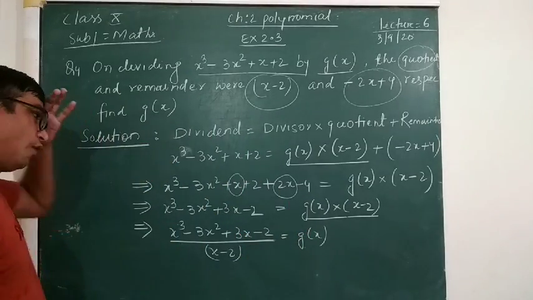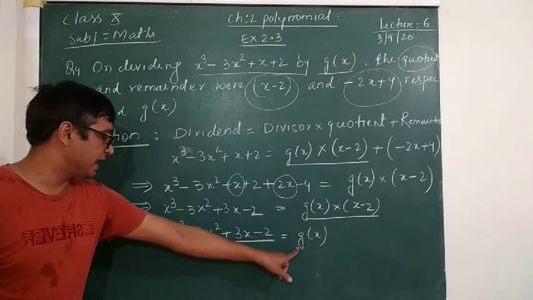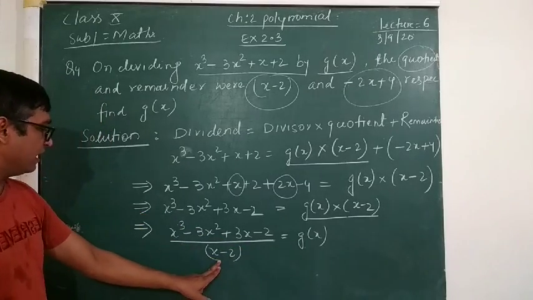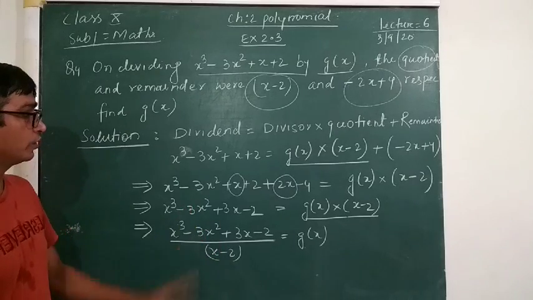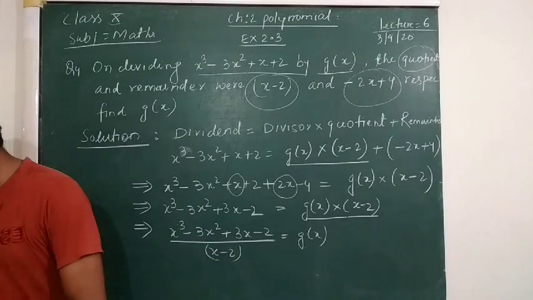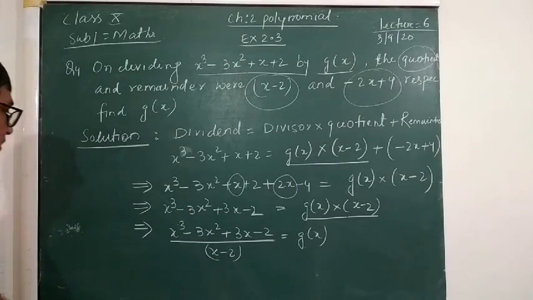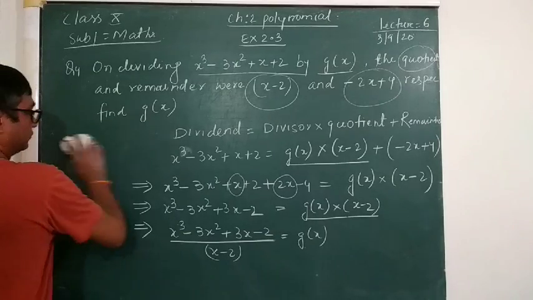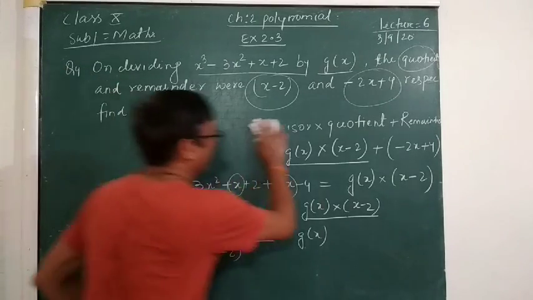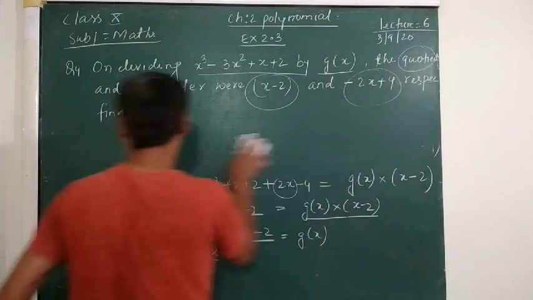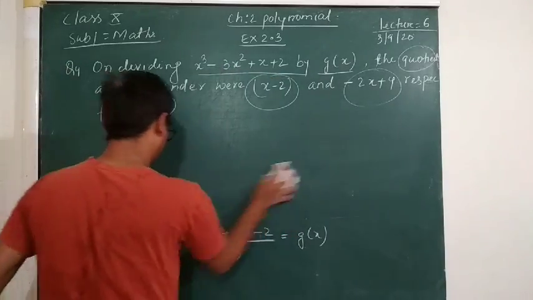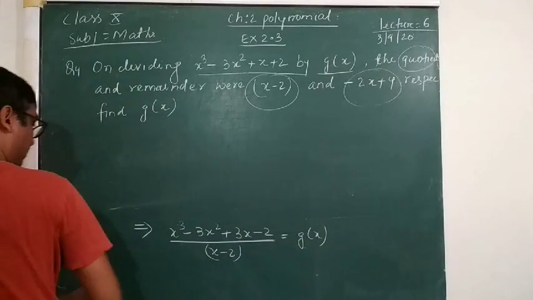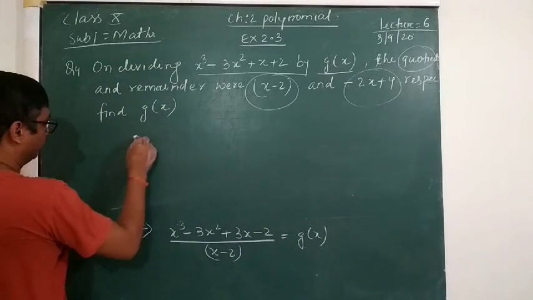Now to find gx, we have to just divide the given polynomial by x minus 2.